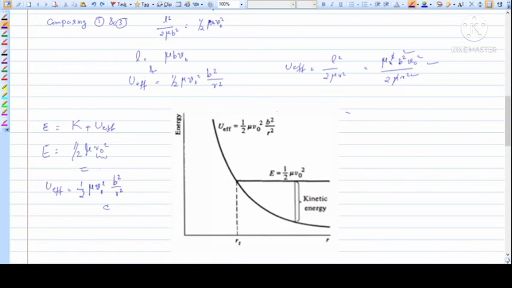Okay, so looking at this picture, this is the energy diagram for the system, and this is the curve for U effective.